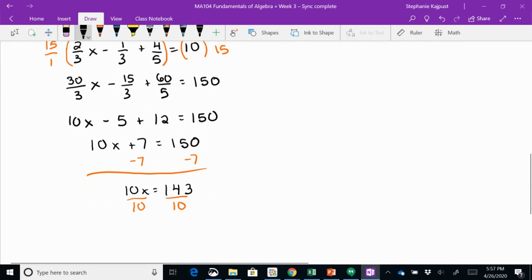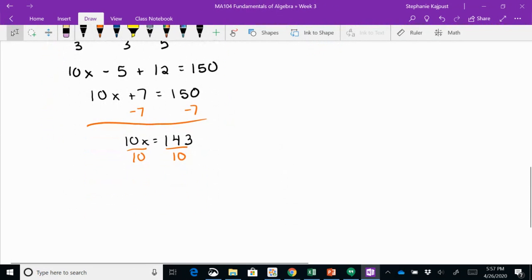Whenever we have an equation that started with fractions, you keep the fraction. So you don't make it a decimal. You would keep it as a fraction and then try to reduce it if possible.